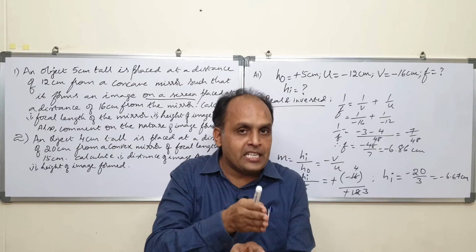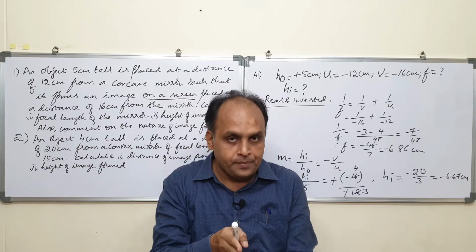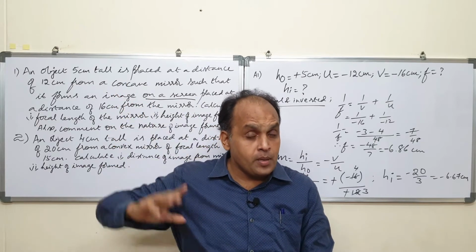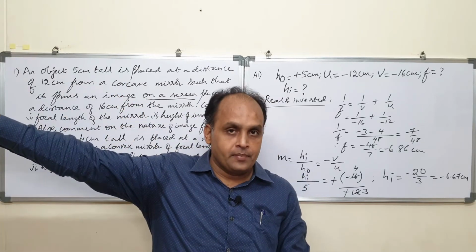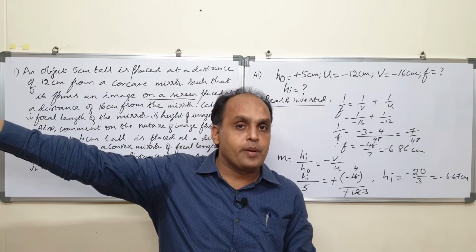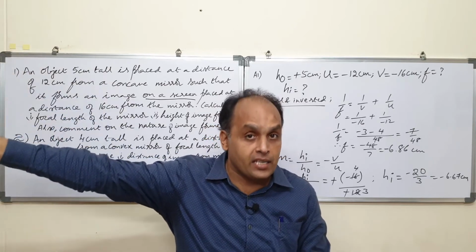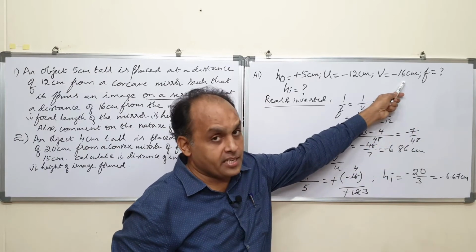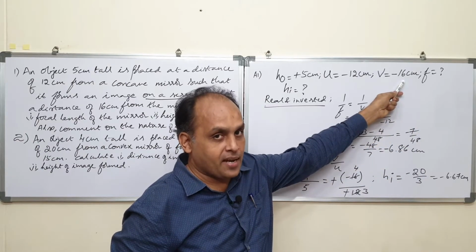So, the object is between C and F, and according to the image formation, the image will be formed beyond C. Means the image distance should be more than 14 centimeters. We got 16 centimeters. So, we are on the right track.